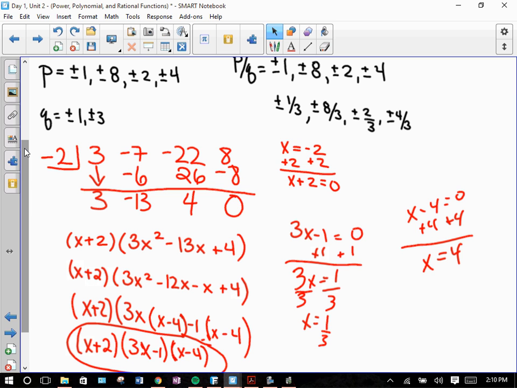Right? So, now we're seeing these. We now have a way to figure out, no matter, you don't have to know what the graph looks like. We now have a way to figure out what could be zeros and figure out which of those are zeros. Alright? Questions?